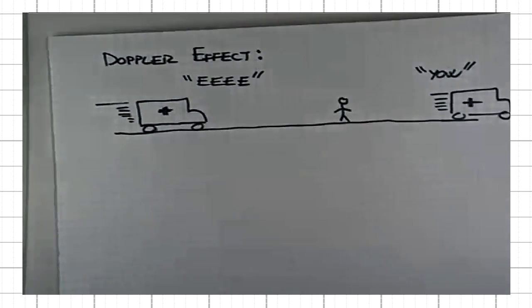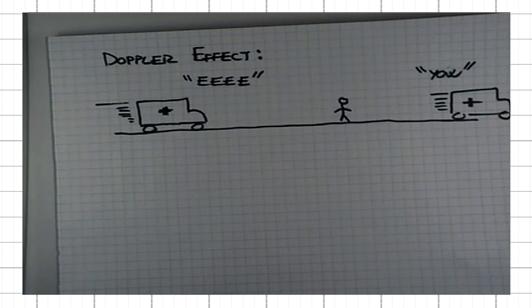It is the change in frequency or wavelength of sound, or pitch, as we often say, because of the relative motion of, in this case, the source of sound and the observer.